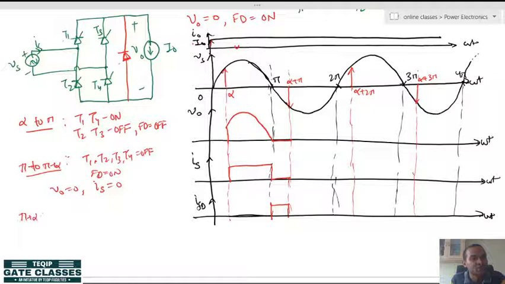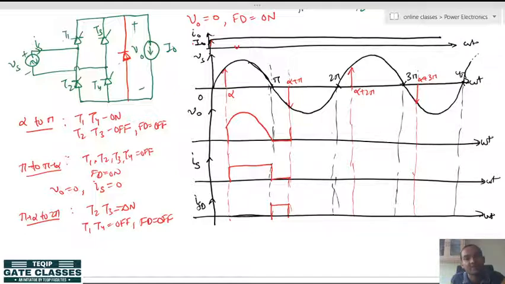So from pi plus alpha to 2 pi, T2 and T3 will be on and T1, T4 will be off, and the freewheeling diode will be off due to turning on of T2 and T3. So again the freewheeling diode becomes open circuited, and again load and source become connected.